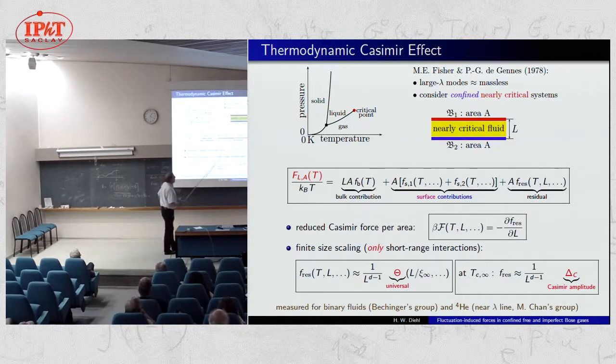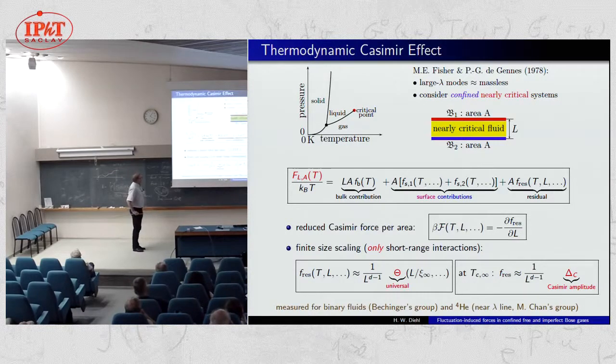And there is a remainder, which I call the residual free energy. And because of this L dependence, you have, of course, a reduced Casimir force per area. And one can gain information about the form of this force by invoking a finite size scaling argument.